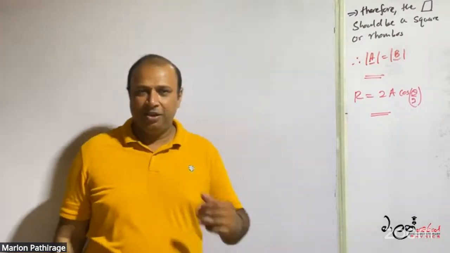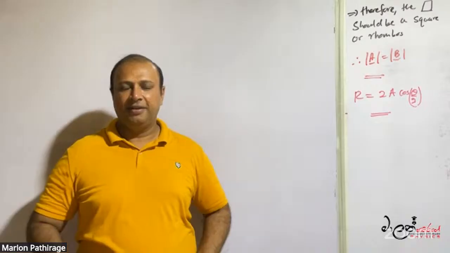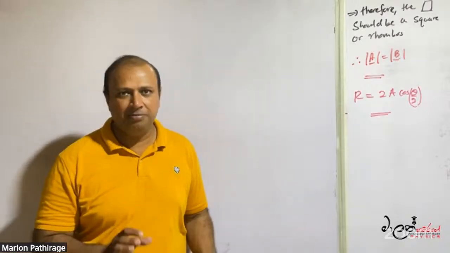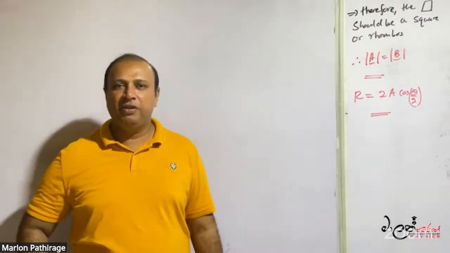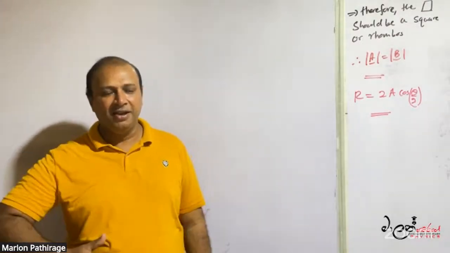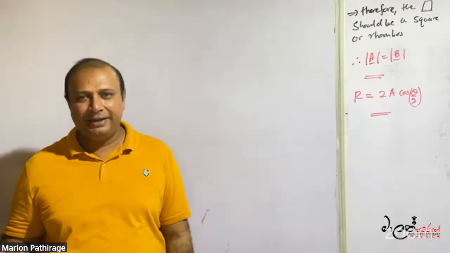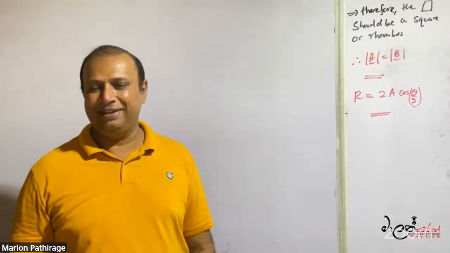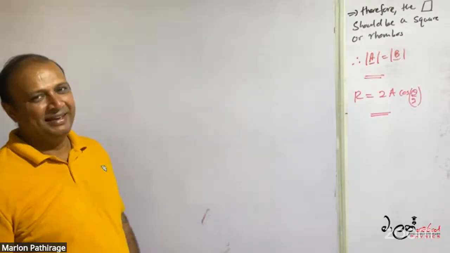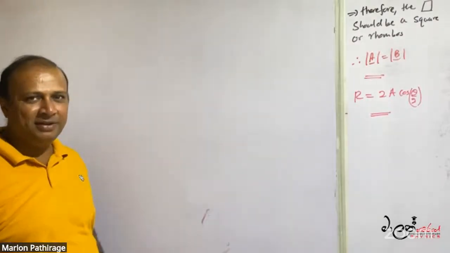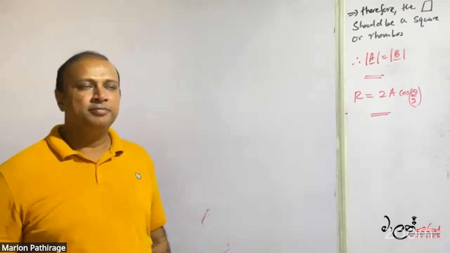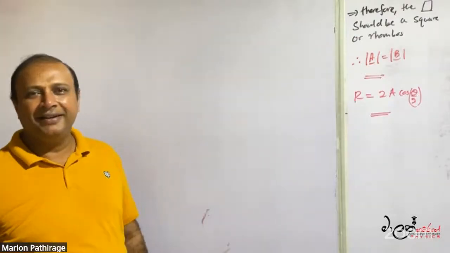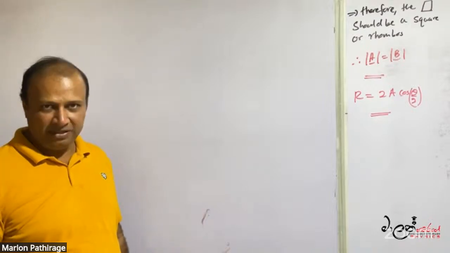So, if you can remember the properties of each type of parallelogram, then this job would be very easy. I am going to recall those properties. I think those things were taught to all of us, but I will give those properties again.